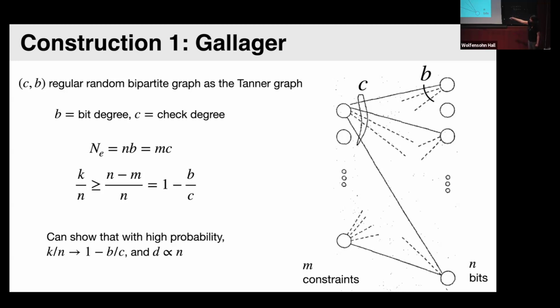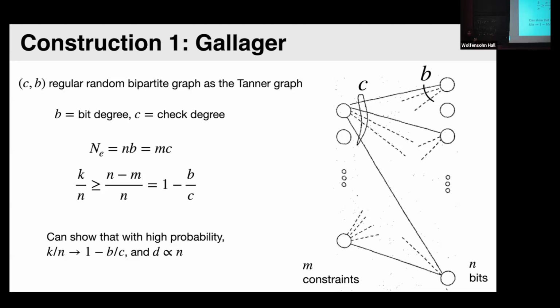Now, the rate of the code is k over n. The rate is n minus the number of independent constraints, divided by n. So it's greater than or equal to the number of bits minus the number of constraints, divided by n. Just to say this part once more: n is the number of bits.